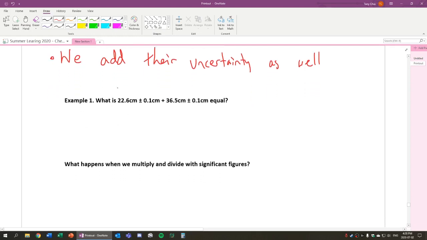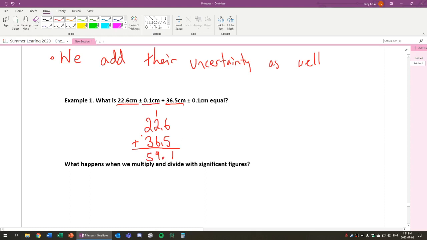In this example, we have 22.6 plus or minus 0.1 plus 36.5 plus or minus 0.1. In this case, we add our two main values first. So 22.6 plus 36.5 gets you 59.1.